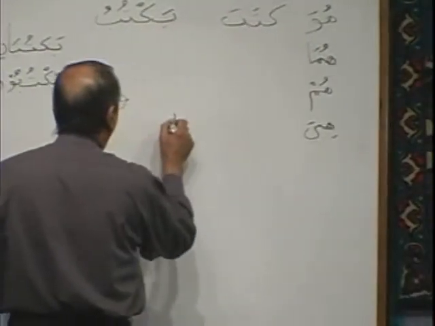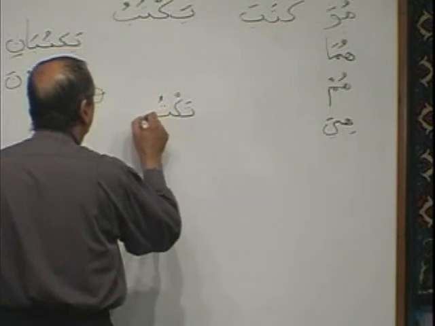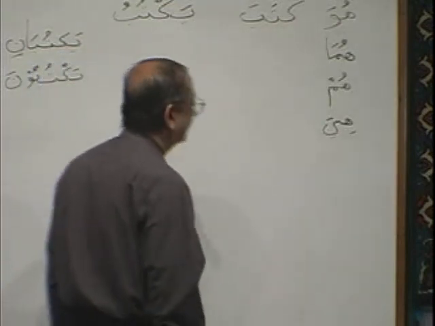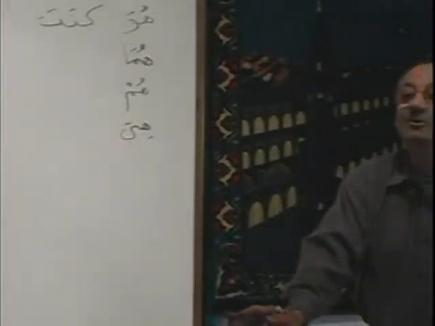And then we come to here. I write here: Taktubu. She writes. Brothers, I asked brothers before, now I ask sisters. Where is the file? Yaktubu, taktubu. Don't say ta. No, that is the alamatu mudariya.